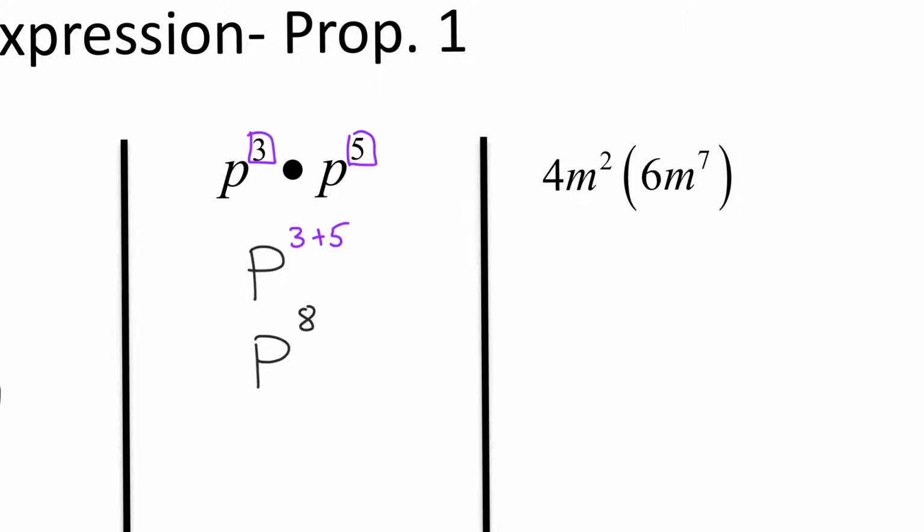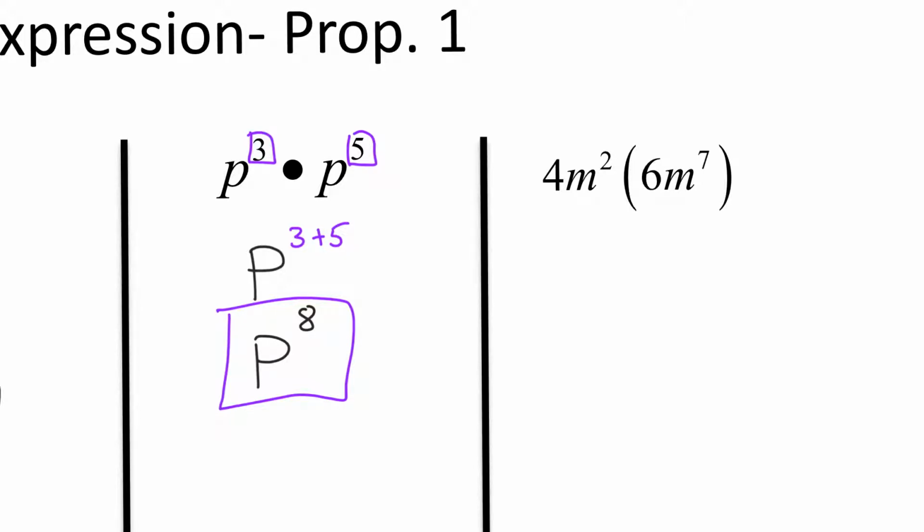P to the 8th power, we cannot do anything else. A variable to the 8th power, the definition of exponents, this right here is multiplying itself 8 times. So you can multiply this base, the p, by itself 8 times, but you don't have to write it down because the simplest form is here, p to the 8th. So that is my answer.